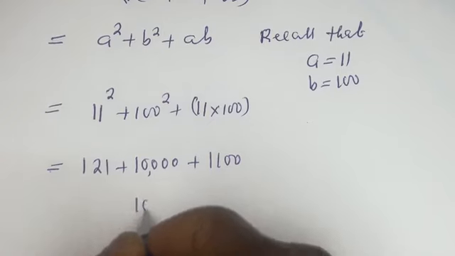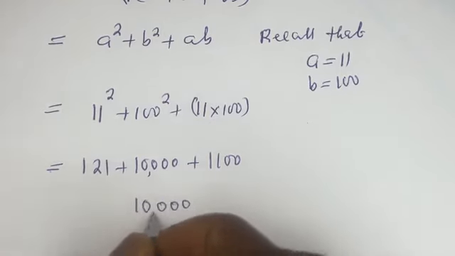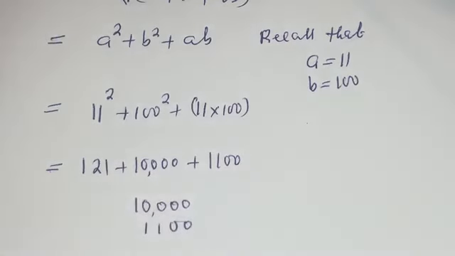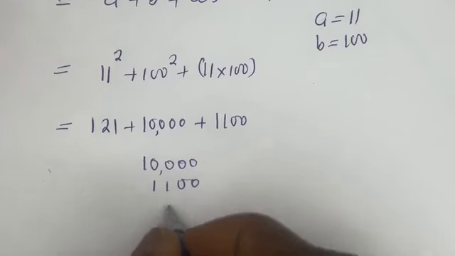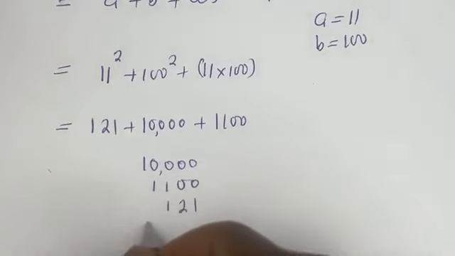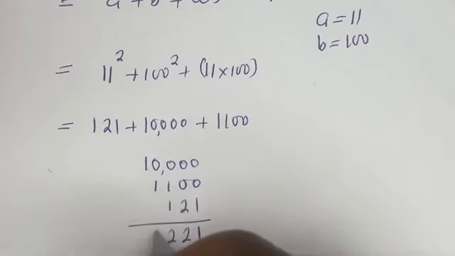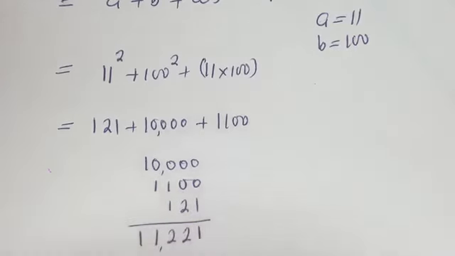We have 10,000, then we have 1,100, and we have 121. So here is 1, 2, 2, 1, 1.